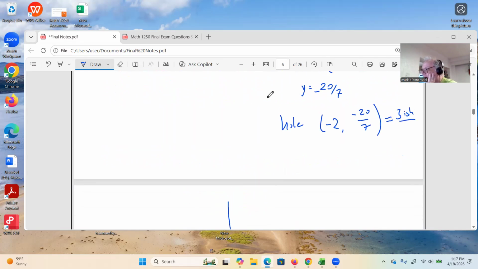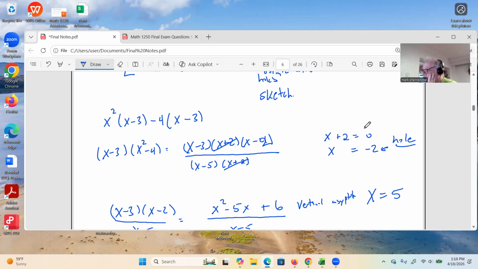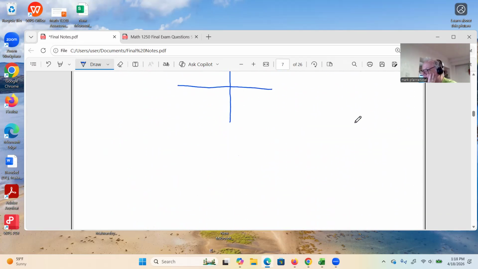So right now I have a vertical asymptote. Where's my vertical asymptote? Vertical asymptote is at x equals 5. Okay. So here we go. 1, 2, 3, 4, 5. So I'll go ahead and dot in an x equals 5 as a vertical asymptote.